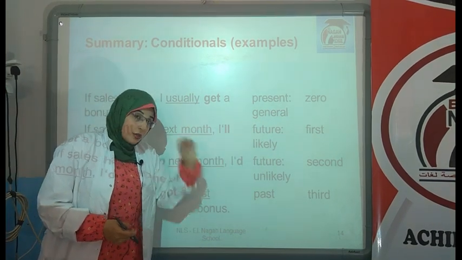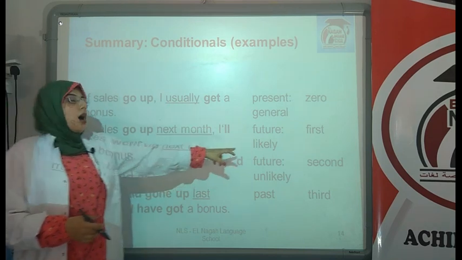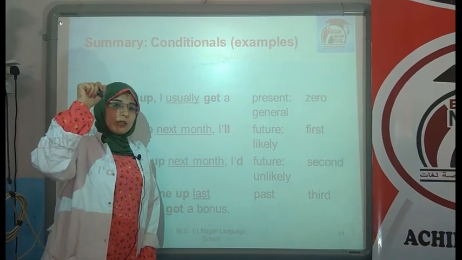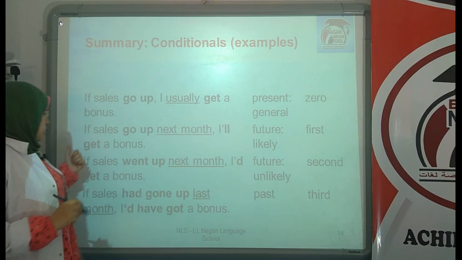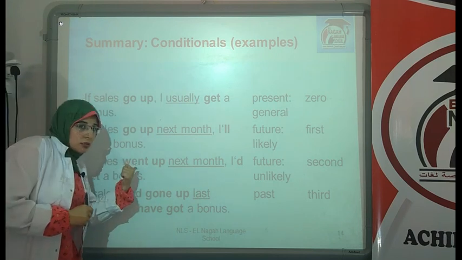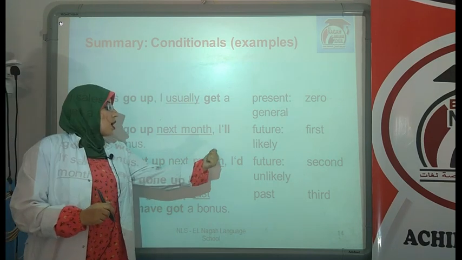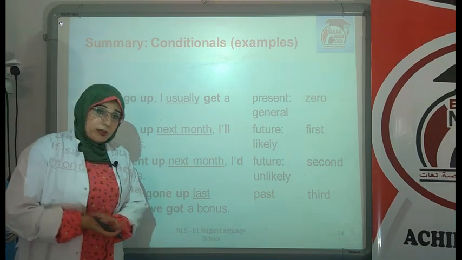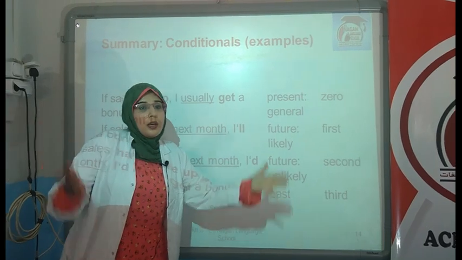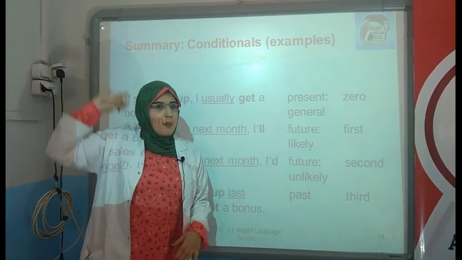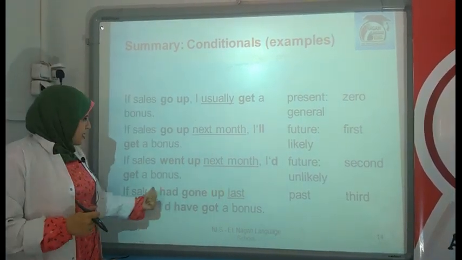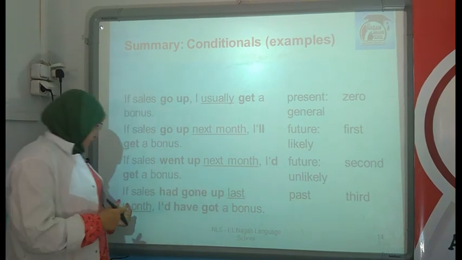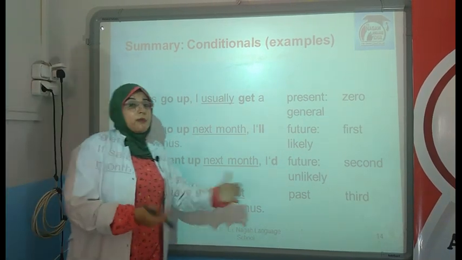Second conditional, things unlikely to happen in the future. If sales went up next month, I'd get a bonus. And the last one, third conditional, impossible thing in the past. If sales had gone up last month, I'd have got a bonus.